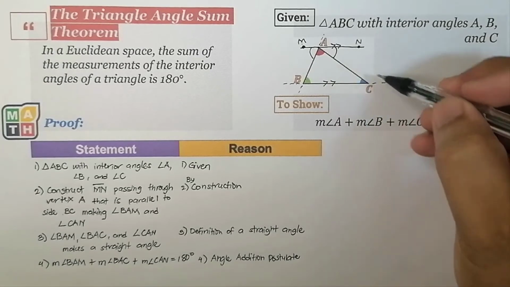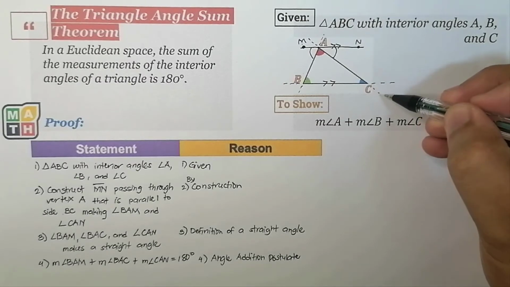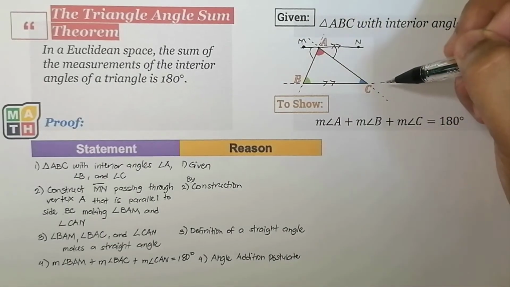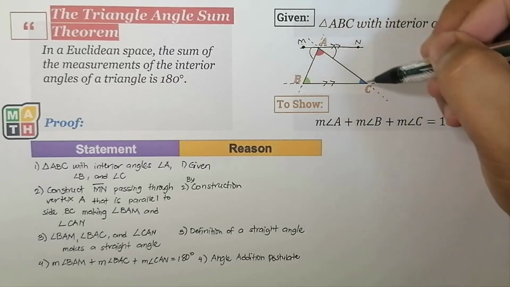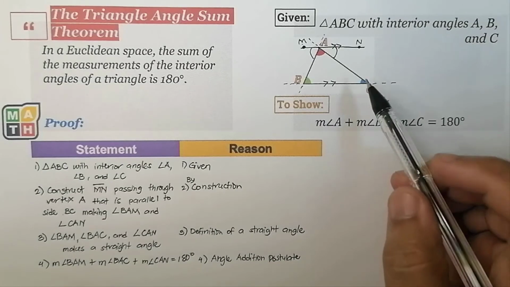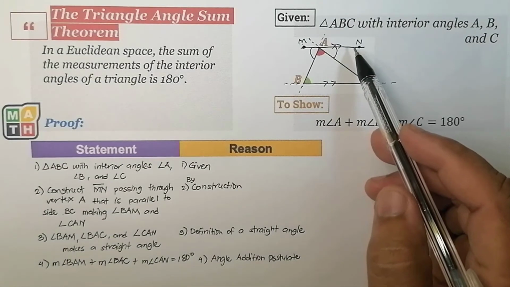Same as true with this side here. If we are to extend, the line segment AC or side AC is a transversal line segment of the given parallel lines. This original side here and the constructed line segment at the top.